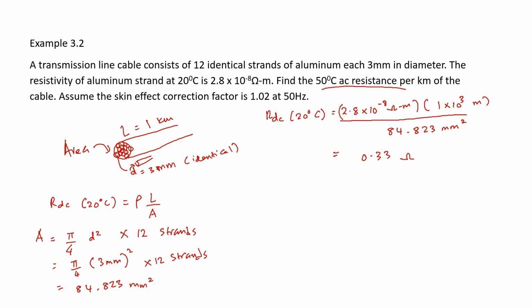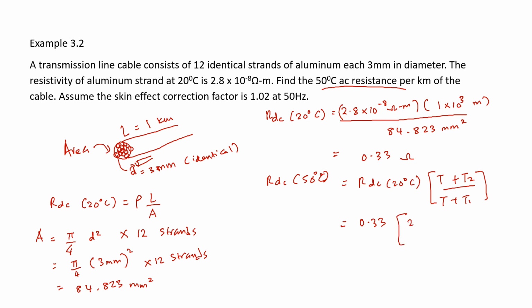And to get the DC resistance at 50 degrees Celsius, the formula is RDC at 20 degrees Celsius multiplied by the temperature constant plus T2 over the temperature constant plus T1. So the DC resistance here is 0.33.